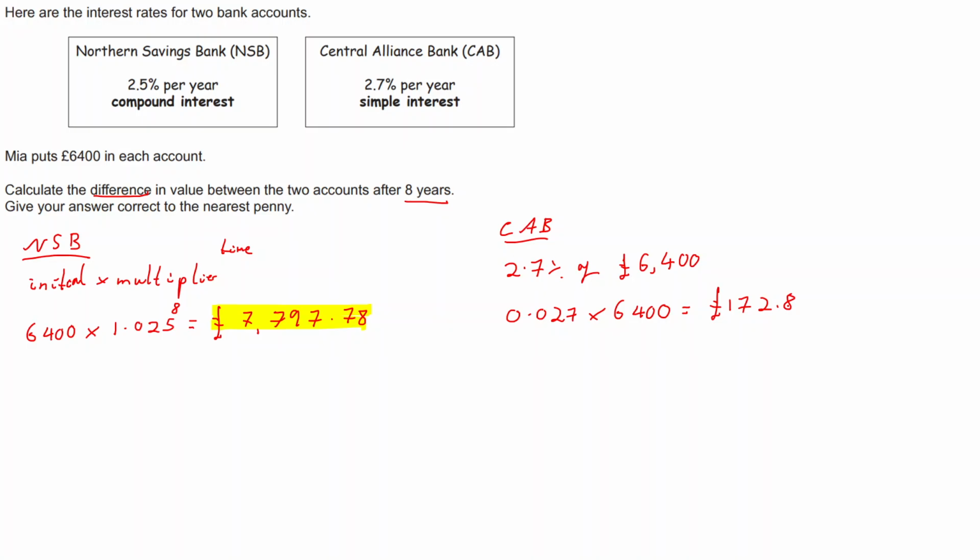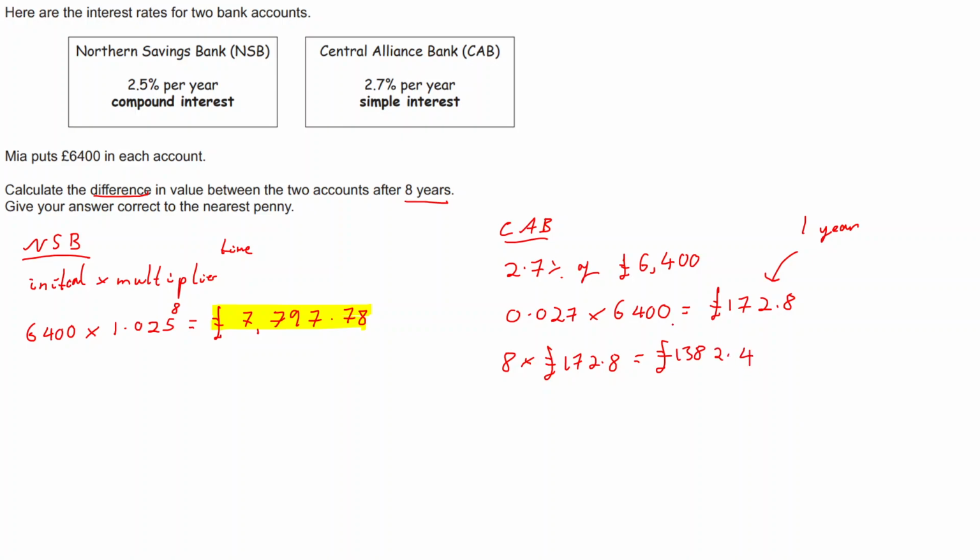And that is the interest we're going to get after 1 year. With simple interest, you just times that value by how many years you got, which is 8 years. So 8 times 172.8 is equal to 1,382.4.